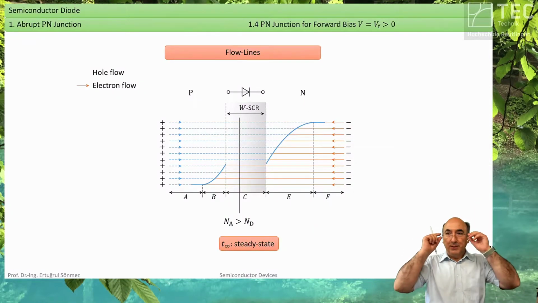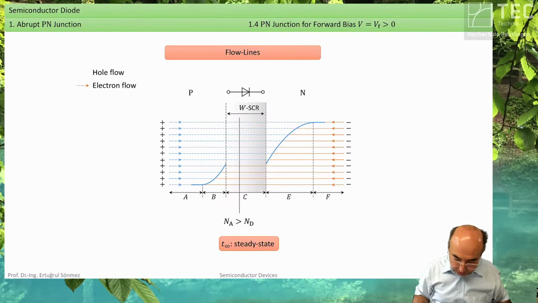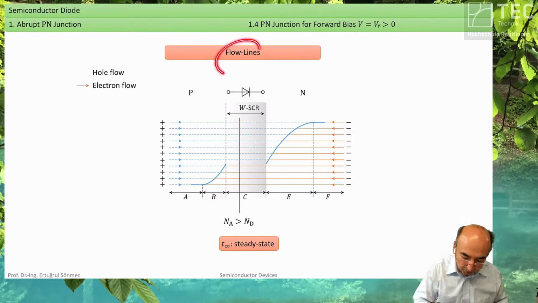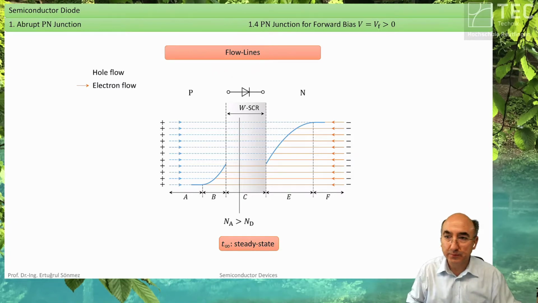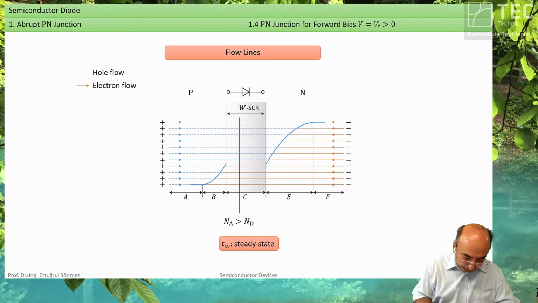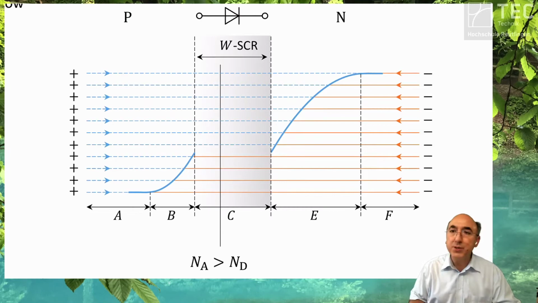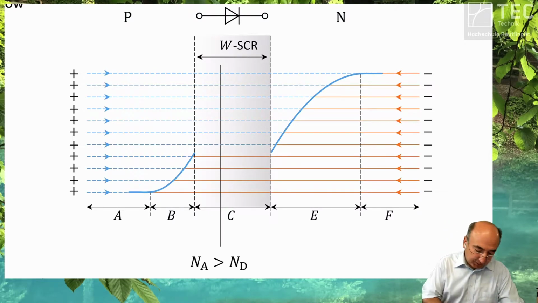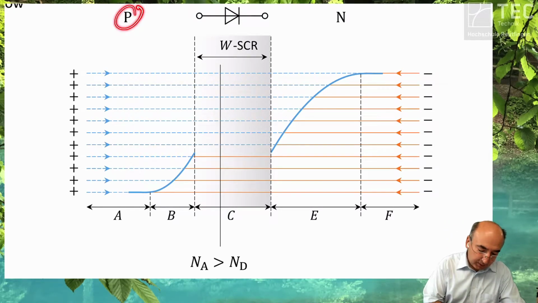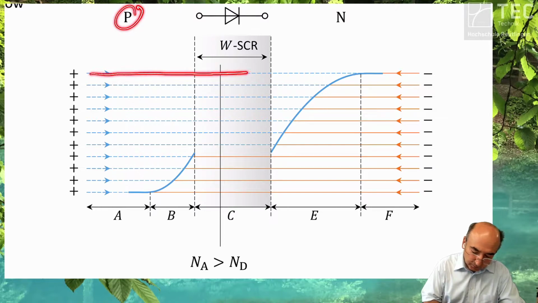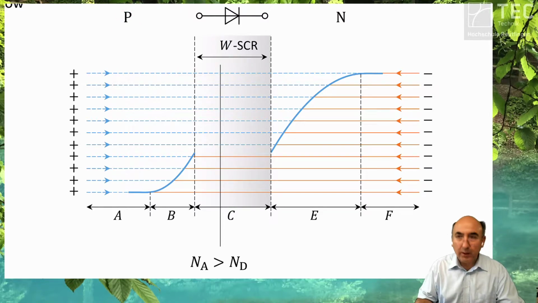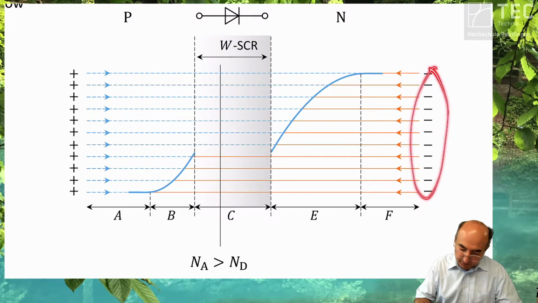Let's talk about that current. First, we talk about the so-called flow lines. What are flow lines? Assume that from the P zone, the holes are alongside these flow lines, and the electrons from the right-hand side in the n-type semiconductor.